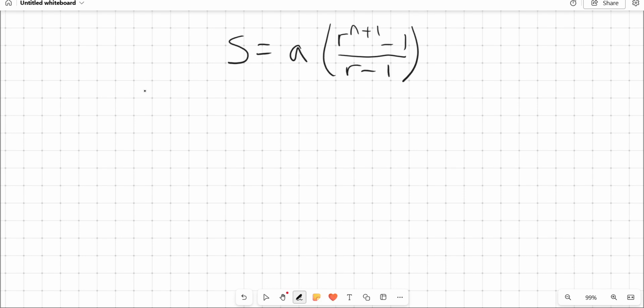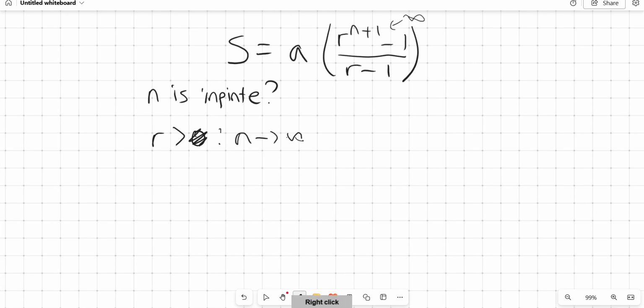So you might think, what happens when n is infinite? For some sums, n will go to infinity, and you might think, what happens then? I'll show you right now, okay? So, let's say r is greater than 1, then when n goes to infinity, this r to the n plus 1 goes to infinity, so our whole thing goes to infinity.